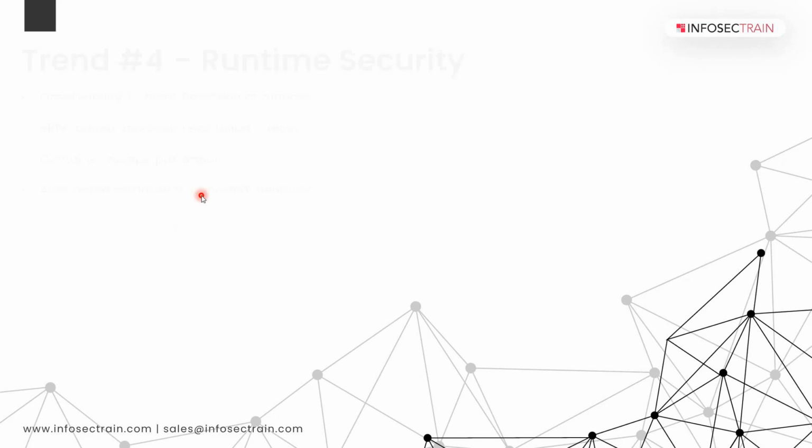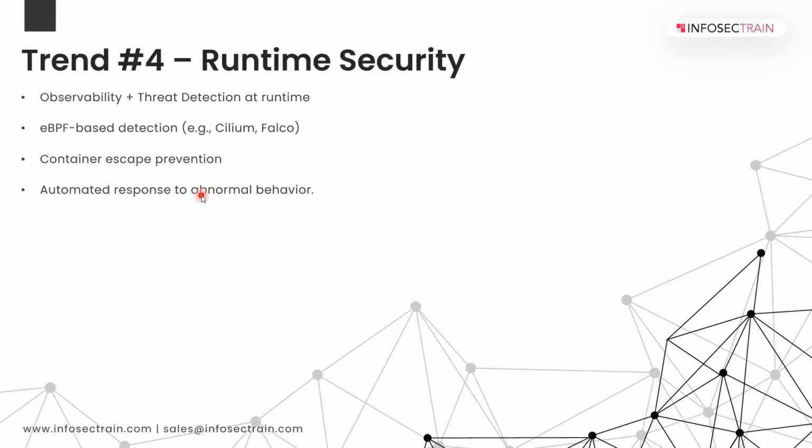Then we have runtime security. What is runtime security here? Once you have deployed your application as a container, what runtime security are you focusing on? We have to get observability and threat detection as well.